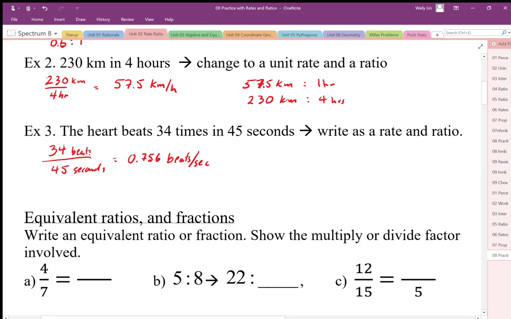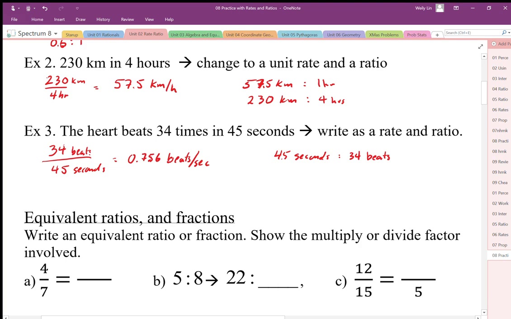We could also write it as the ratio the other way. So for example, we can write this as 45 seconds for 34 beats. And then we can write this as a unit rate the other way.